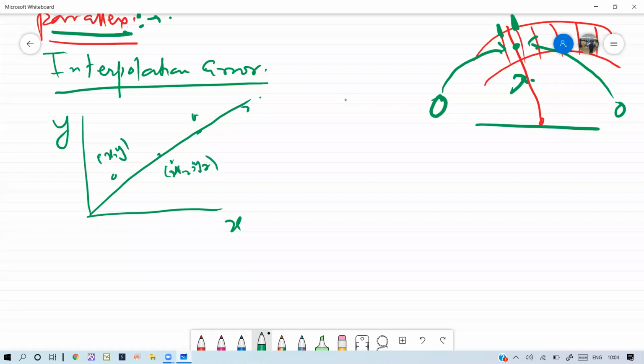If somebody tells you to find the value of y at this point, which is not given in your data set, what do you do? You take these two approximations and find the midpoint between them. You are not sure about where it should lie exactly, or what the exact data point between these two should be. This is called interpolation. It is when you find an extra data point in between the given set of data.